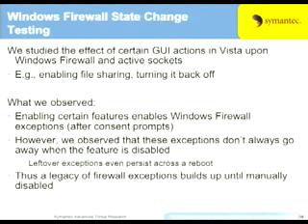But then you turn off that feature. Those exceptions don't always go away. These leftover exceptions even persist across a reboot. And thus, a legacy of firewall exceptions builds up until it's manually disabled. You have to go manually check them off.